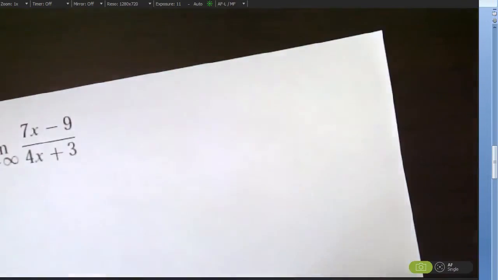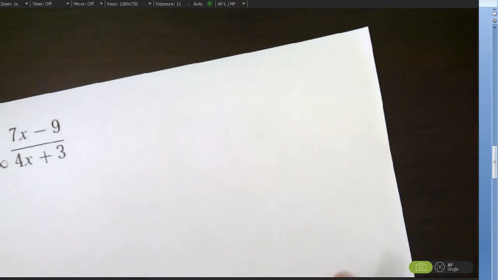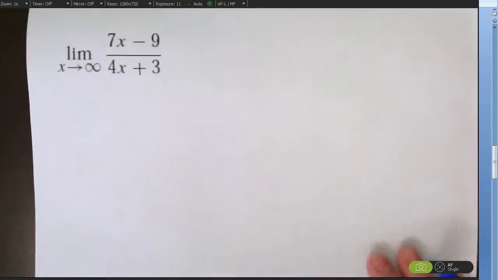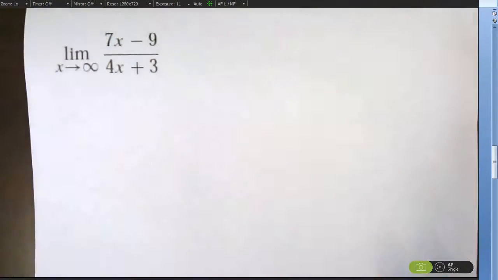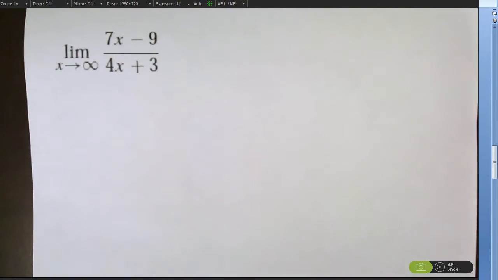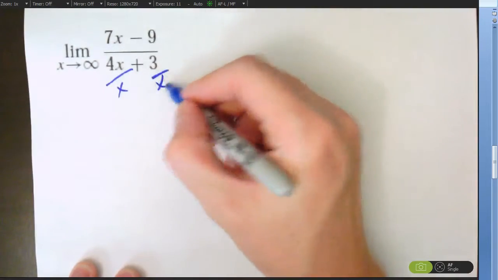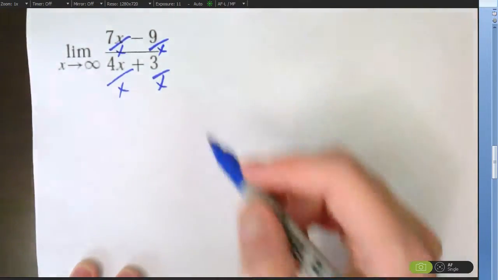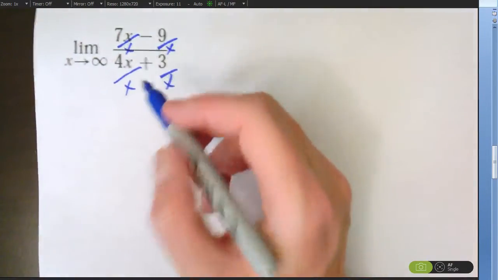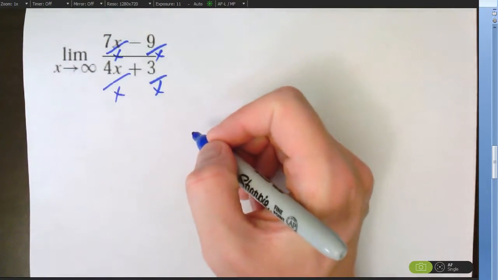Next one we're going to take a look at. Again, we're looking for the denominator's polynomial highest power. This is just a plain x, so divide everything by x. And again, as long as I do it to everything, I'm changing the form but not the value.